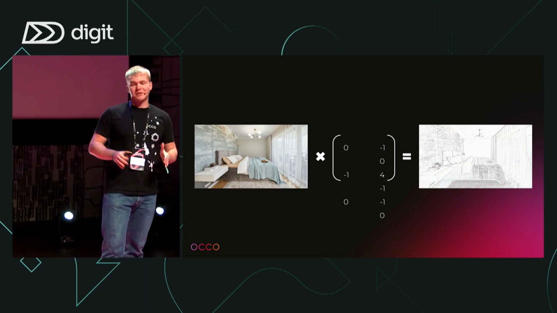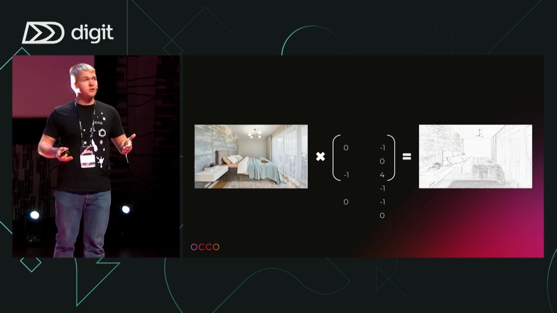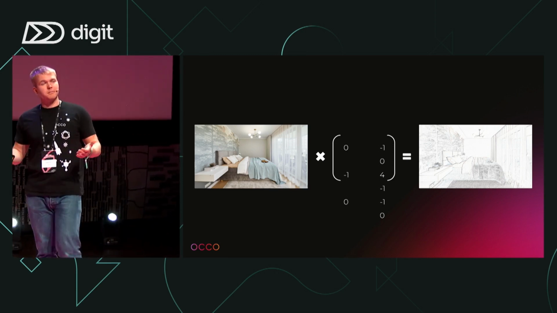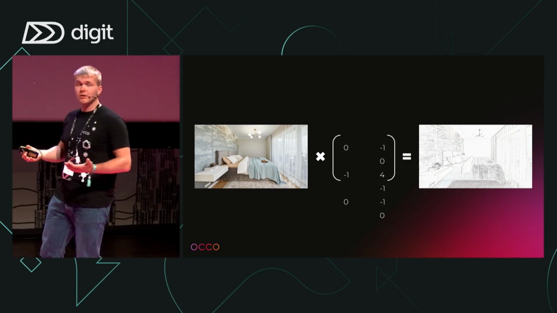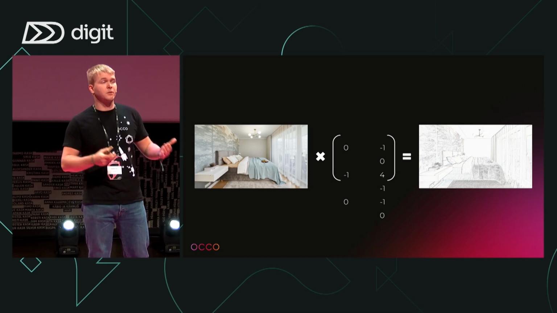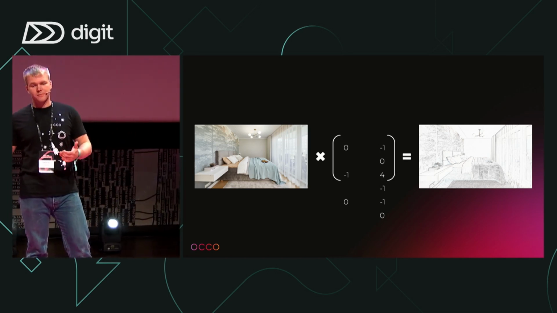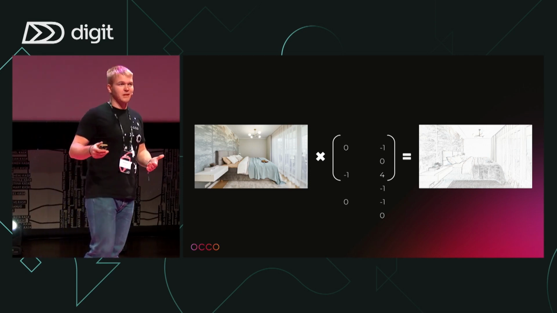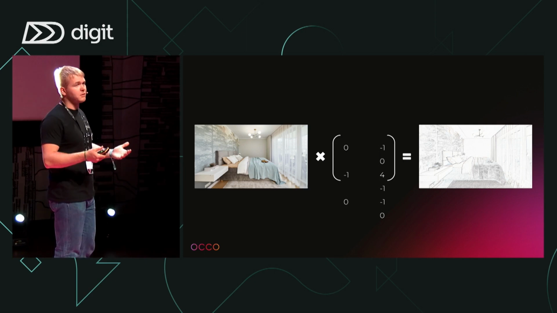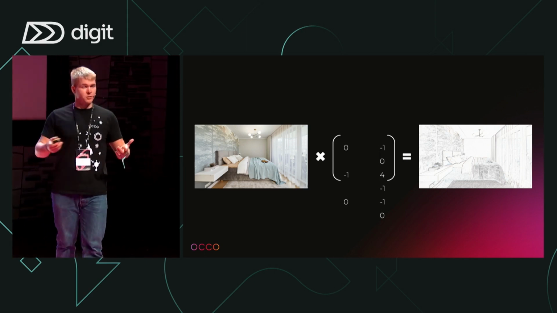What you might have learned in school are matrix multiplications. These are basically actions when you take a grid of numbers and you multiply it with another grid of numbers. And in computer vision, we call that a convolution. So what we simply do is we have some kind of grid, we move it over the image and multiply all the pixels with this grid.